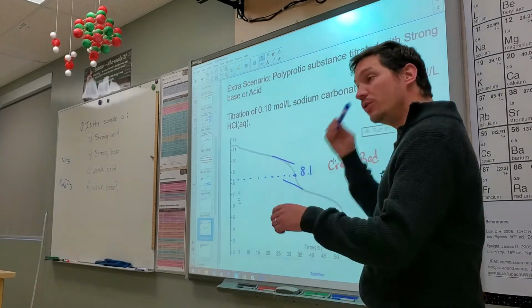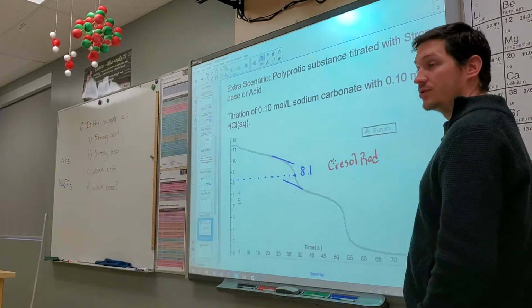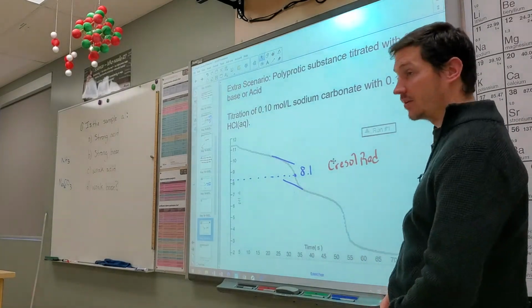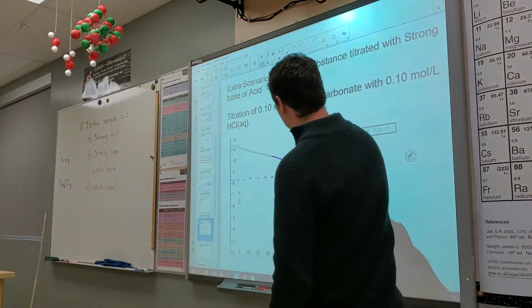Can I get you to tell me which indicator you want to use for the second equivalence point? This is the first equivalence point, that's the second equivalence point.